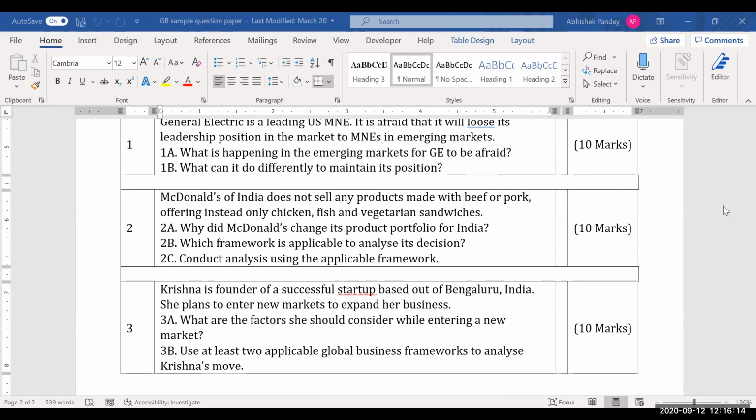The pattern says that there will be 3 questions of 5 marks, like 4 to do out of 5, with 1 or 2 sentences each. Then there are 4 questions of 10 marks, and out of 5 we do 4, and the case study will carry 45 marks.